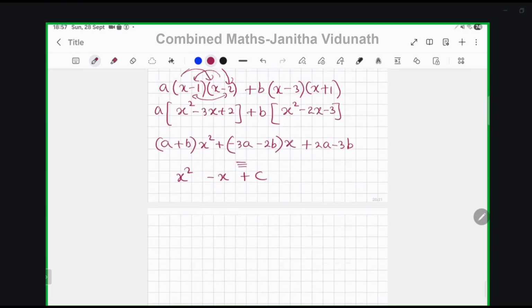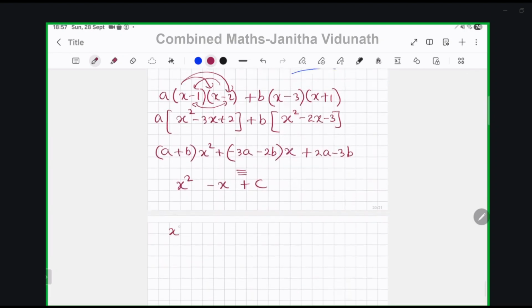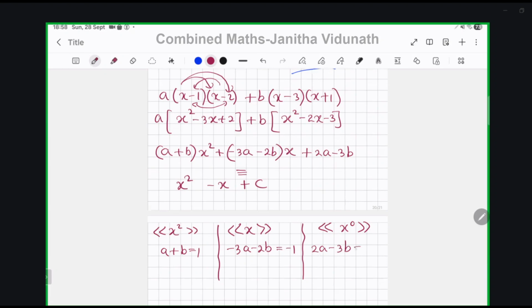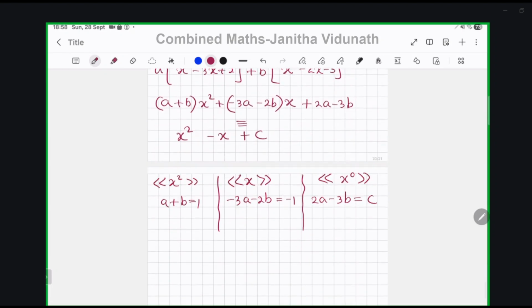Okay. Then we need to match the corresponding coefficients. When we consider the x square coefficient, we get a plus b equal to 1. And if we match up the coefficient of x, then we get minus 3a minus 2b equal to minus 1. And when we compare the coefficient of x0, that means the constant term, we get 2a minus 3b equal to c.